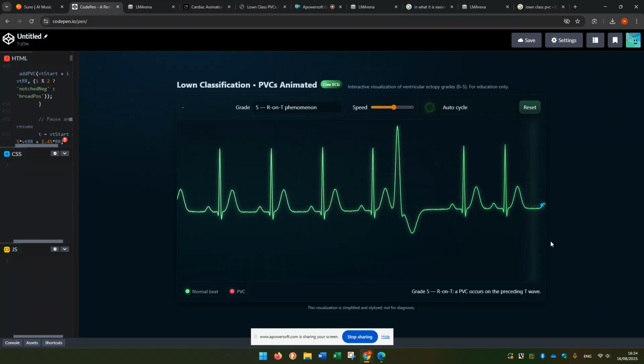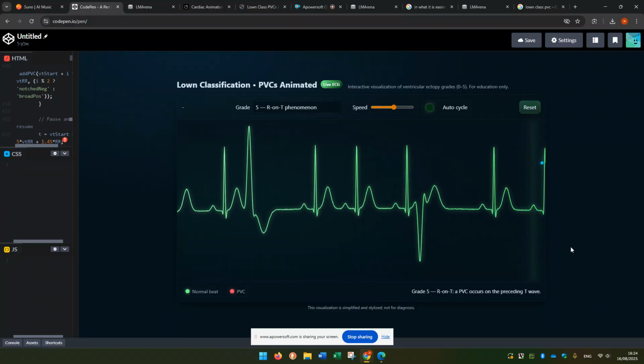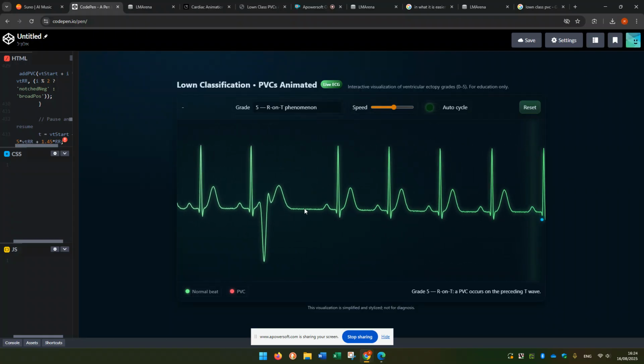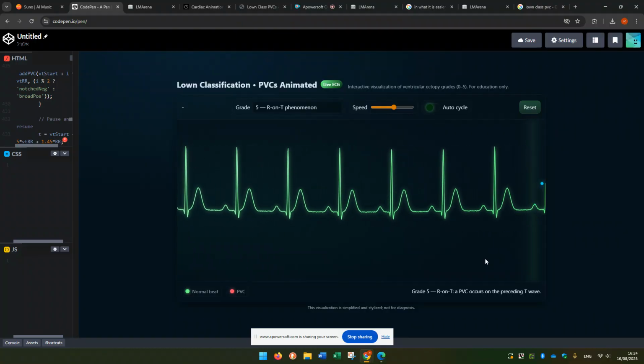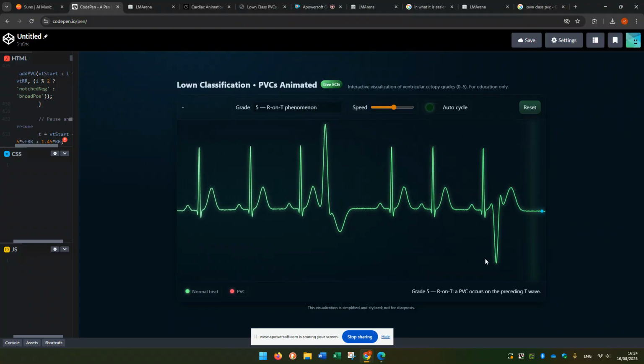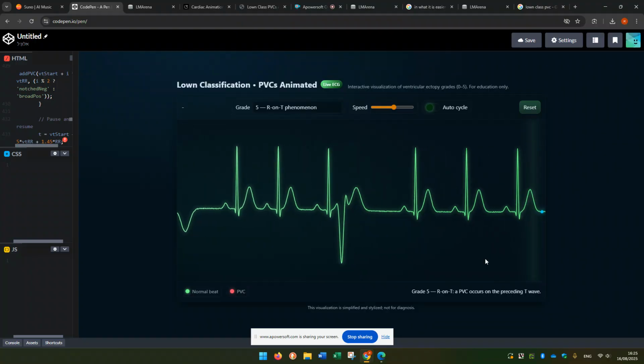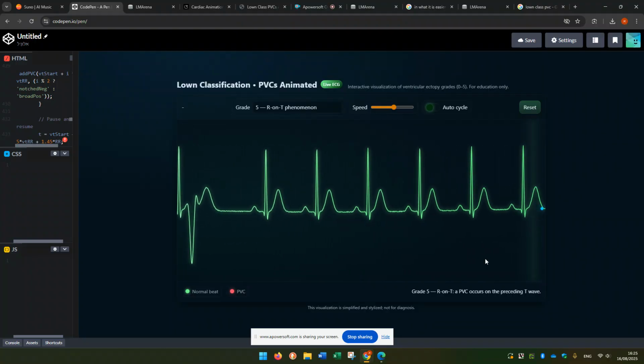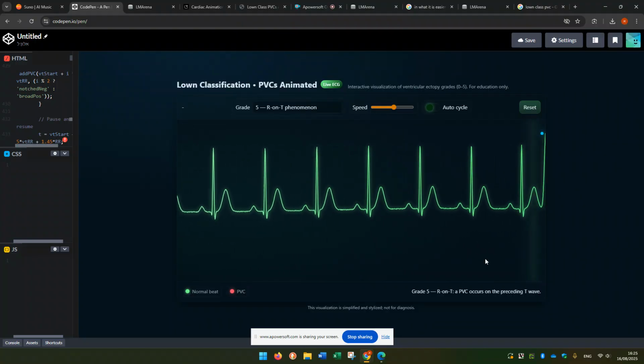The last one and the most dangerous one is the R on T phenomenon. You can see here the PVC is on the T wave. Now, when it's on the T wave, some of the cardiac myocytes are repolarized, some not.